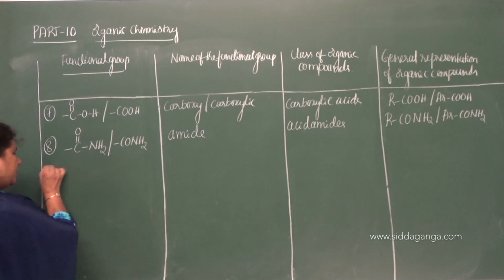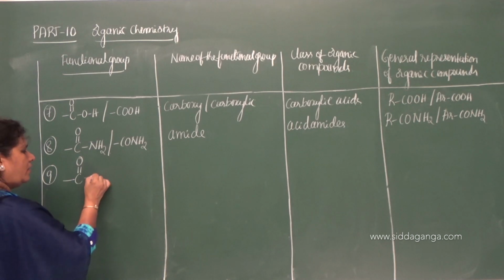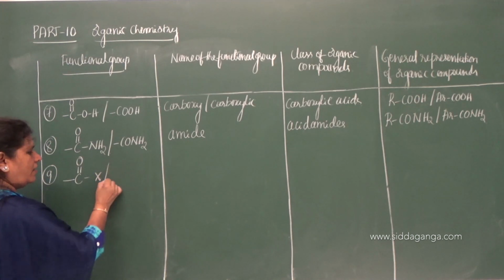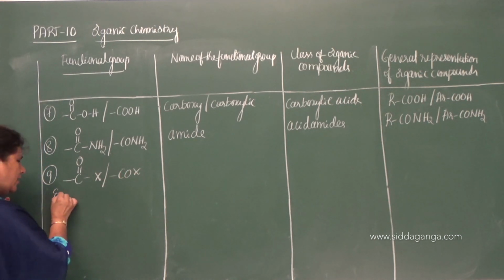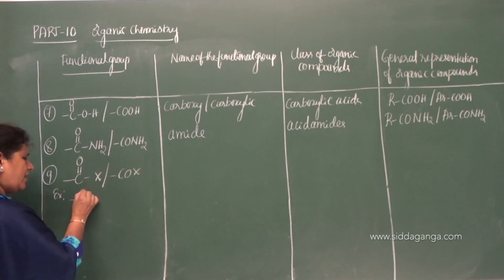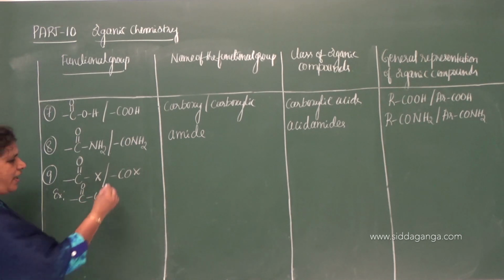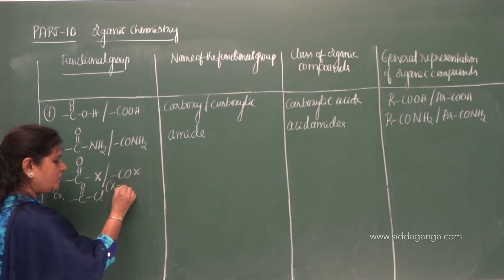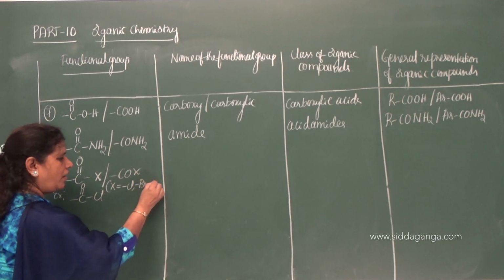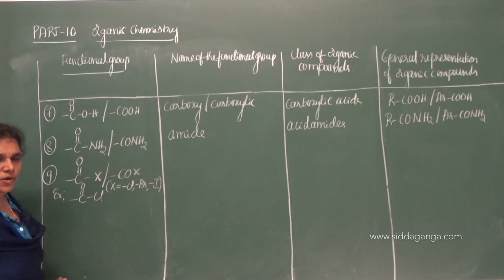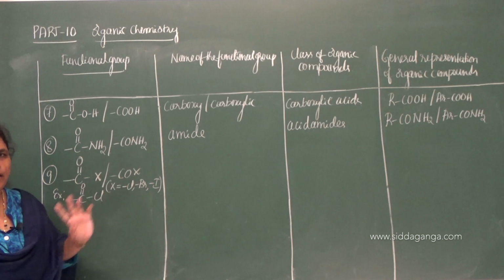Now, the ninth one, C double bond O X, or COX. Here you can take the example as C double bond O Cl. X is nothing but halogen, which may be chlorine, bromine, or iodine.